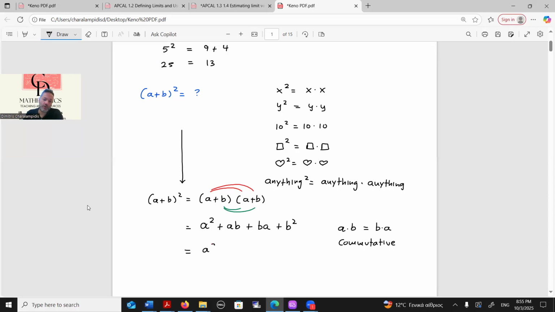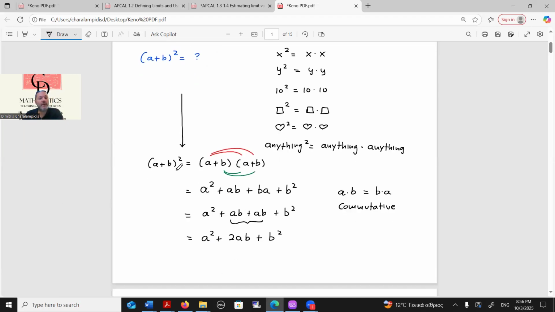So, I'm going to rewrite this as A squared plus AB plus AB again plus B squared. And finally, I'm going to group these two: A squared plus 2AB plus B squared. And then there you have it.